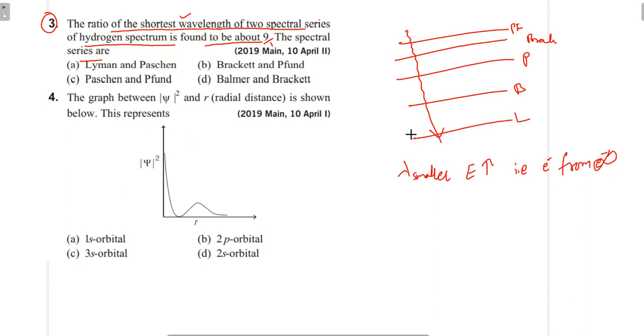It may be Lyman or any other, we don't know exactly. So I am taking nu bar equal to 1 by lambda, that equals RH, the Rydberg constant, times 1 by n final square minus 1 by n initial square.